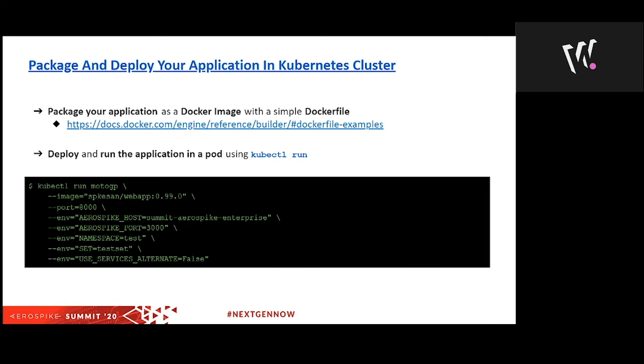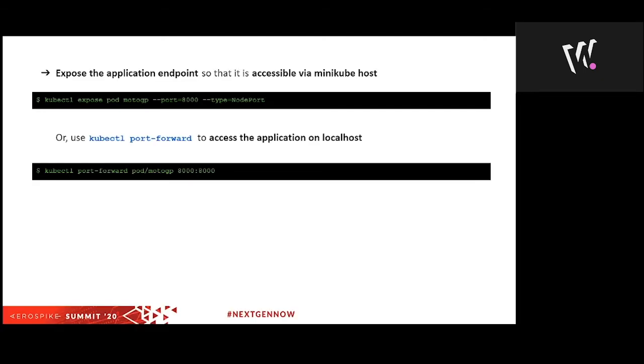So when you are deploying your application also in the Kubernetes cluster, you don't have to enable the node port services or any other ways to expose the Aerospike pod. You can simply use a DNS name or the Aerospike pod name and specify the port as 3000 directly, as you can see in this example, and your application will be able to connect to your Aerospike cluster and work fine.